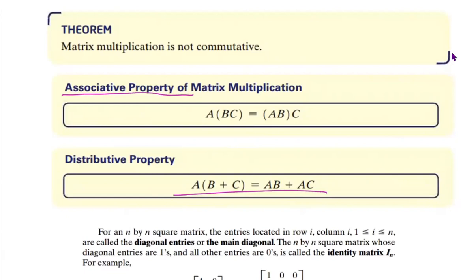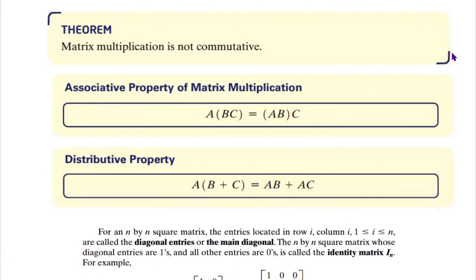If you have a matrix A times the product BC, you can do the product AB first and then multiply by C, it's fine. If you want to do BC first and then multiply by A, you're fine. But you cannot swap positions because it's not commutative. You can't displace factors in the product, but you can multiply them in the order you choose.